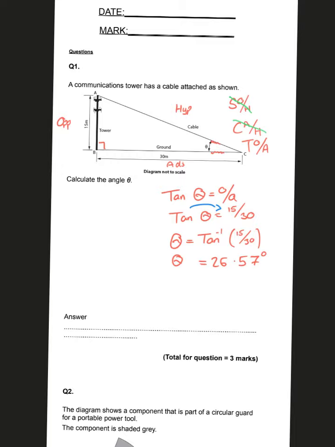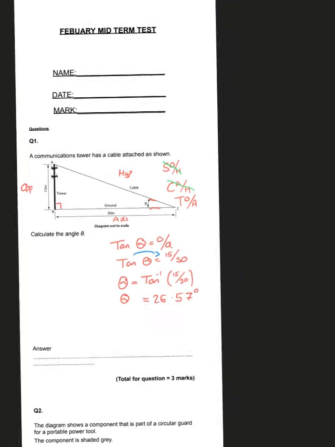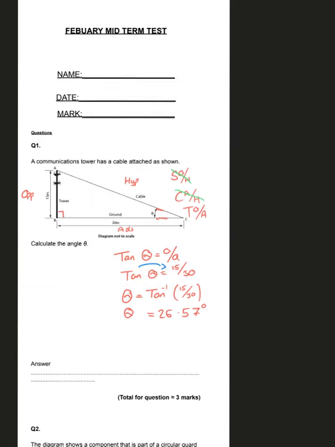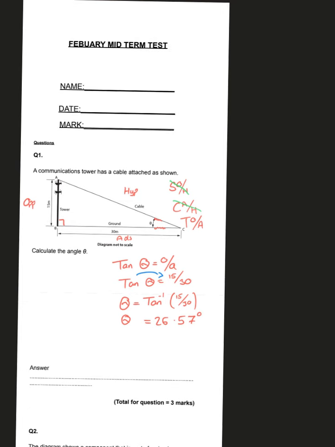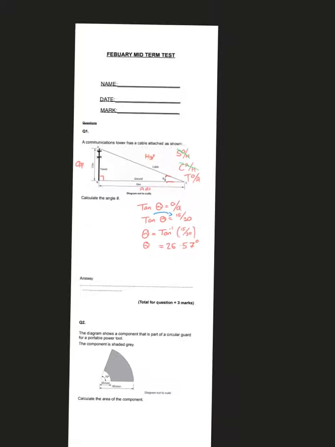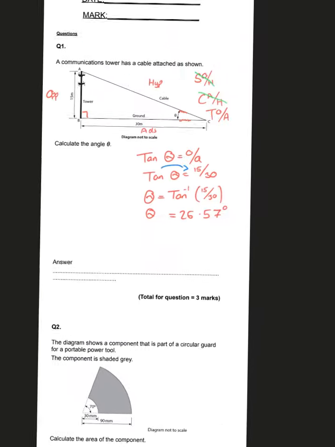So that's theta solved. So a lot of people went and used sine. You didn't have any hypotenuse information. You can't use sine. You could, in theory, solve for hypotenuse using Pythagoras' theorem and then use sine. You would get the same answer, but you don't need to. So that would have been, hopefully, a nice 3 marks for most of us. I'll leave it all there.